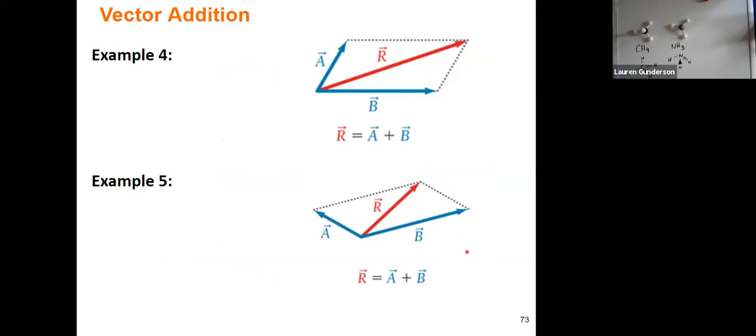Now, all of our vectors are not linear like that, so we have to start looking at the different shapes. This is why when you have things like a bent geometry, you end up with a net vector. It's not exact size-wise, but something like this could represent the H2O that we're looking at, okay?